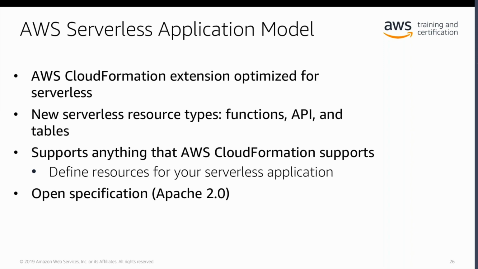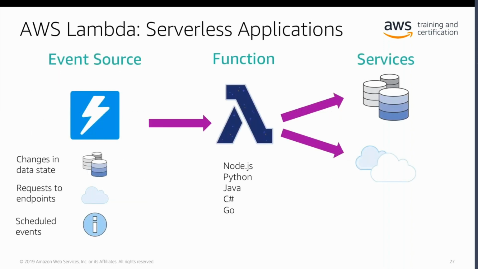So Lambda is a pretty powerful way of creating event-driven processing in the AWS cloud. It's quite an interesting way of creating applications that are triggered off of things like a change of a data state, or a request to an API Gateway, or even a schedule that you define, and it supports all different types of languages today, and it can interact with other AWS services as well.